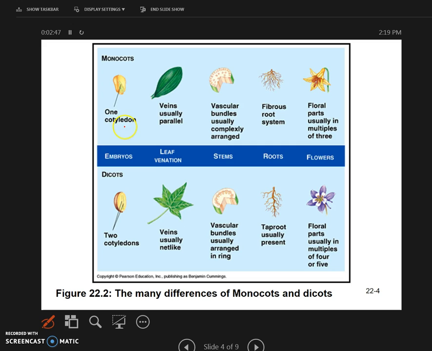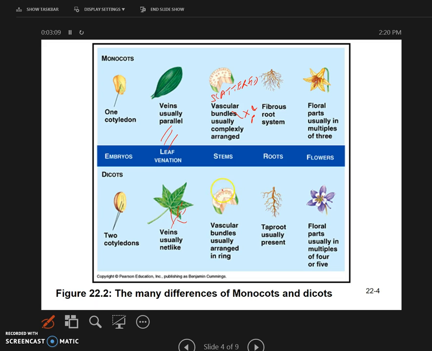All right. So monocots have one cotyledon, dicots have two. In monocots the veins are parallel; in dicots the veins are network-like. The vascular bundles are scattered in monocots. Remember, vascular bundles are made up of xylem and phloem. In dicots, vascular bundles are arranged in a ring.